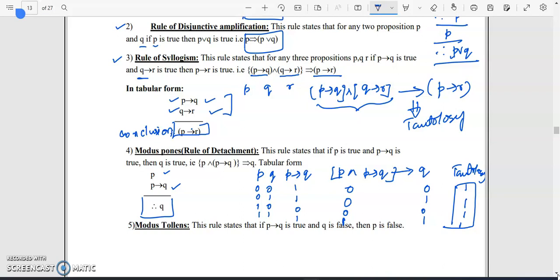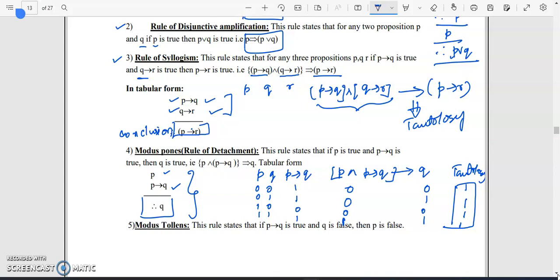While solving validity of argument type questions, which I will be discussing in my next video, we'll have some premises and then some conclusion. Together it is called an argument. We need to check whether the argument is valid or invalid. Using some rules, if I get something like this, there is no need to verify it again using a truth table.